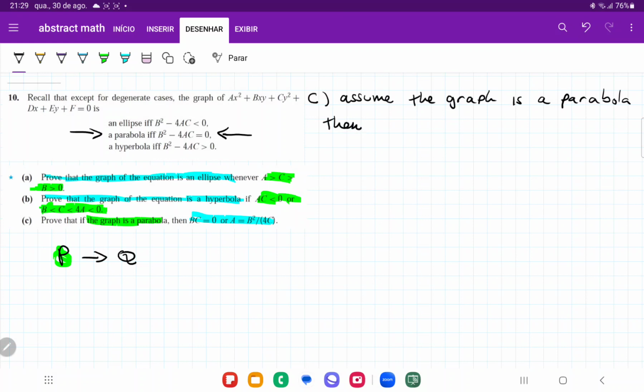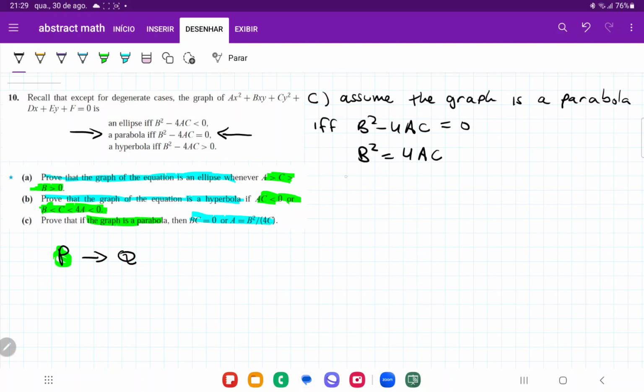Then it means that, actually I shouldn't use then, I should say if and only if b squared minus 4ac is equal to 0, and thus b squared is equal to 4ac. So what is it that we want to prove? We want to prove that either bc is equal to 0, or that a is equal to b squared divided by 4c.